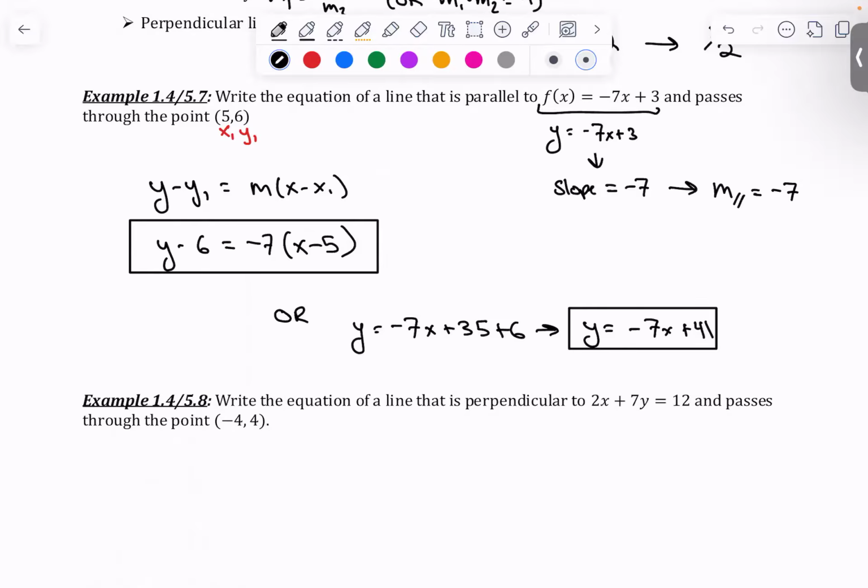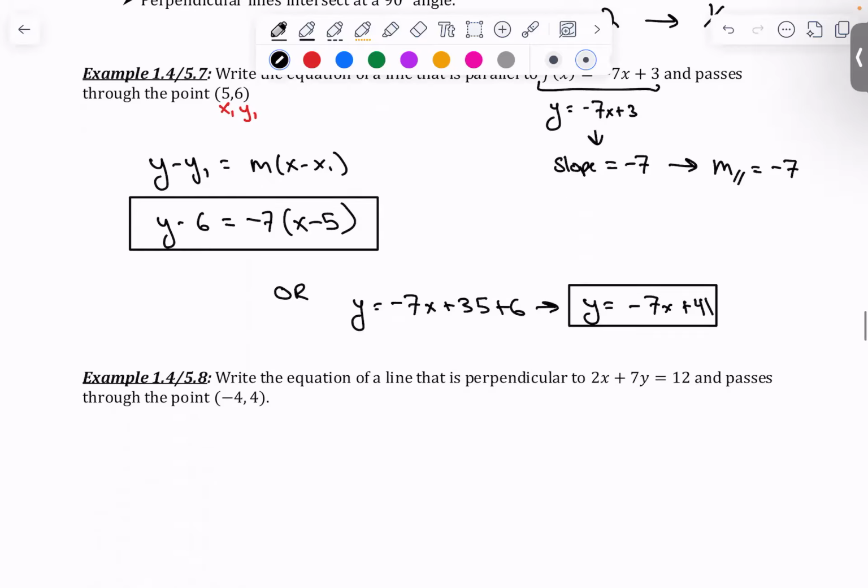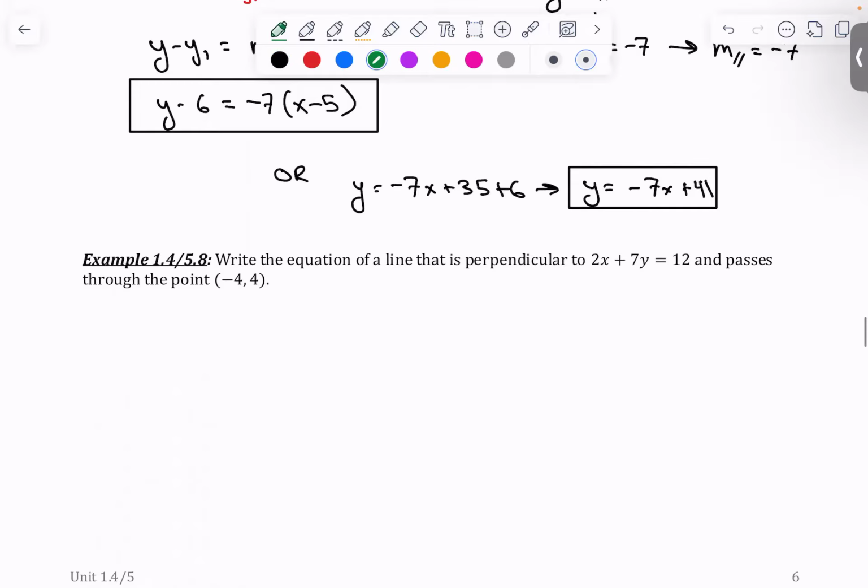Is there a way to find the slope of the given line? Yeah, we can write it in slope intercept form. So let's first do that. We're going to put this in slope intercept form to find its slope. So 7y equals negative 2x plus 12.